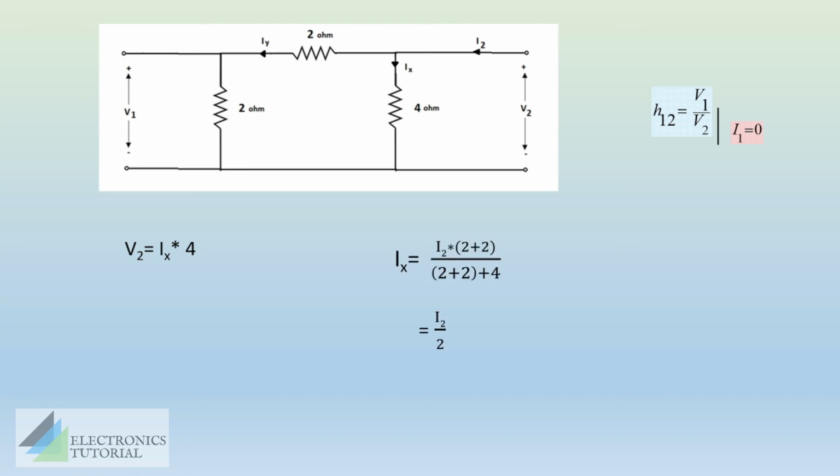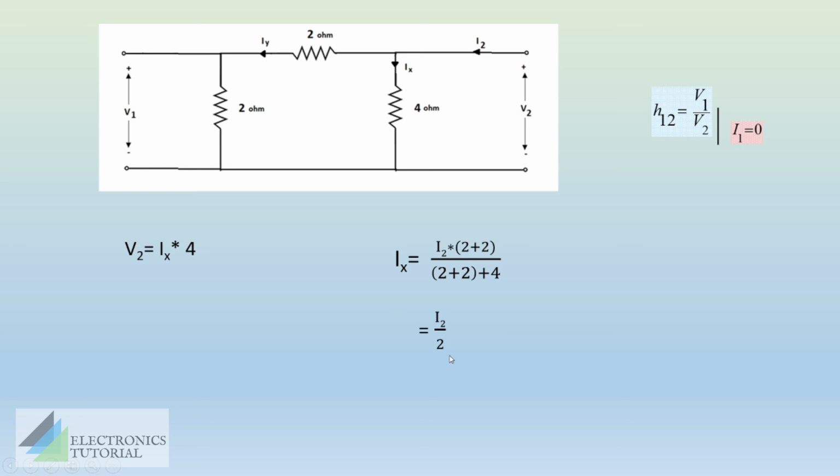Ix is equal to total current I2 into resistance in the other branch. The other branch is having 2 and 2 in series. So we'll take it as 2 plus 2 divided by total resistance 2 plus 2 plus 4. So we'll get the answer as I2 by 2.